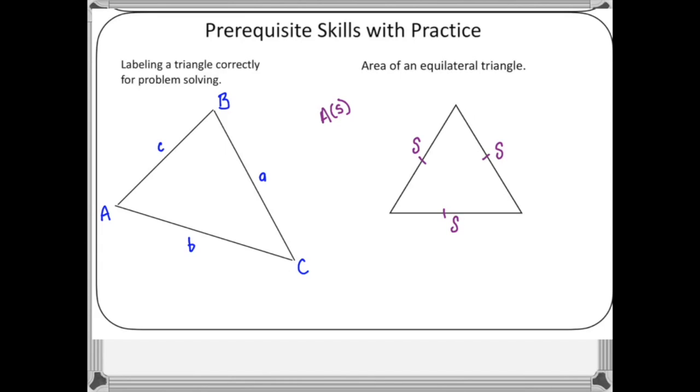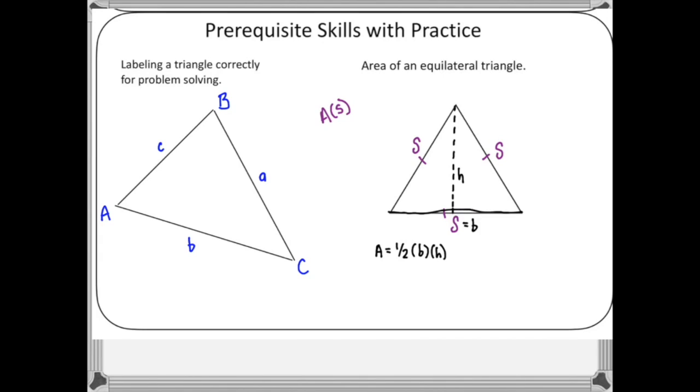The first thing is, if I've got an equilateral triangle here, I'm going to draw in a height. If I look at the original way, area equals base times height of a triangle, and I want to get rid of the b variable and the h variable. And s right here is going to be the base, the side that it's on.